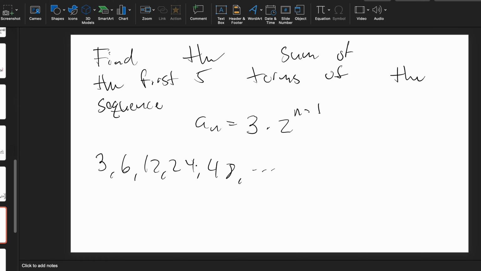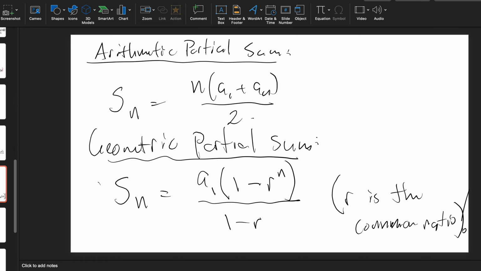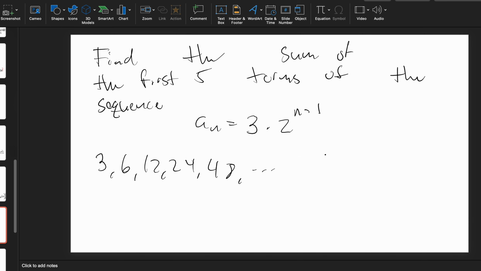I could add them up in my calculator, but just for the sake of this example, I'm going to use this formula. So I know that S sub n is a sub 1 times 1 minus r to the n, all over 1 minus r.